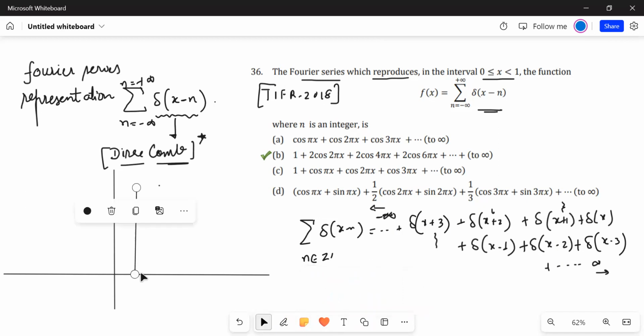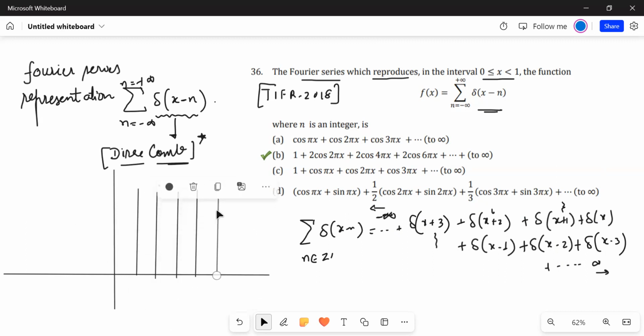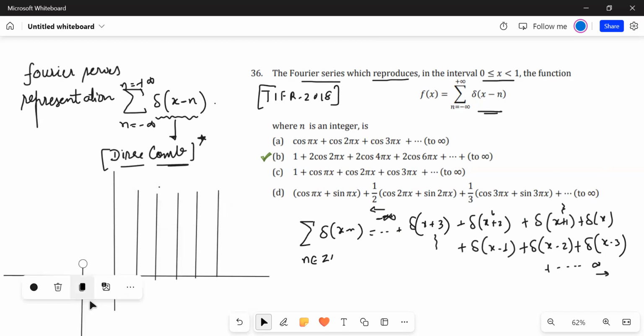So you'll have one narrow spike here, another narrow spike here, again a narrow spike here, and all these points are integral points.